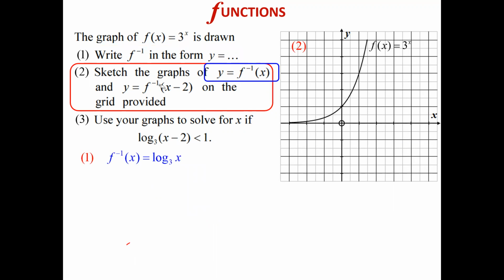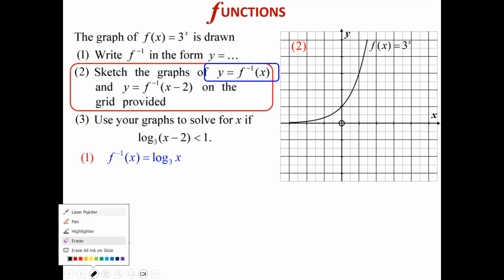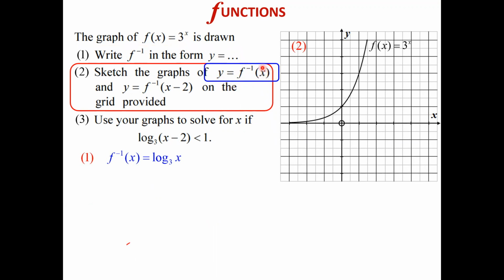The second question is sketch the graph of y equal to f to the minus 1 of x. So let's start with, we want to sketch the graph of the inverse. The rule is, when you want to plot the inverse graph, golden rule, swap x and y.